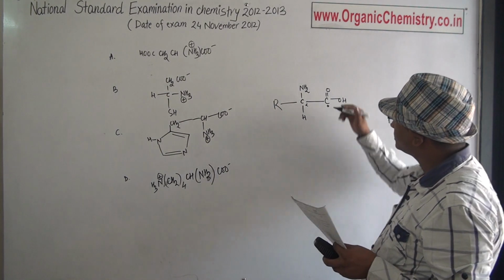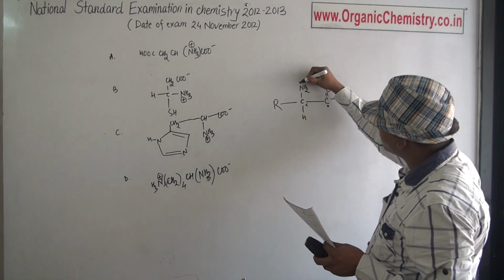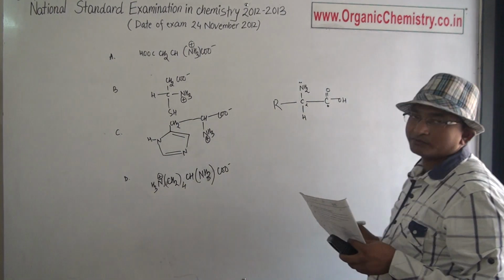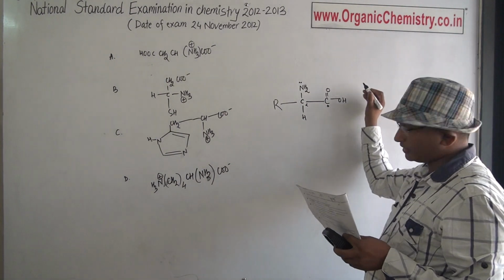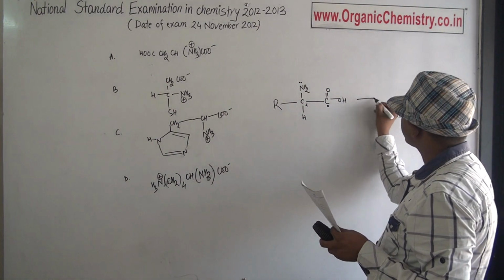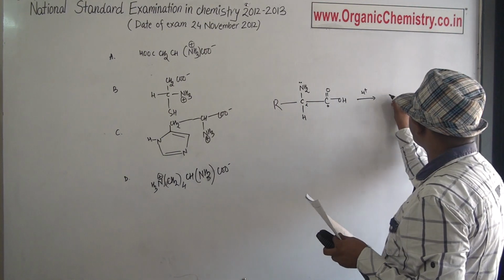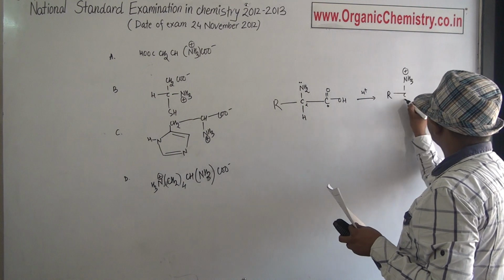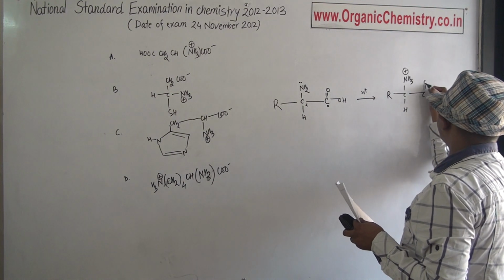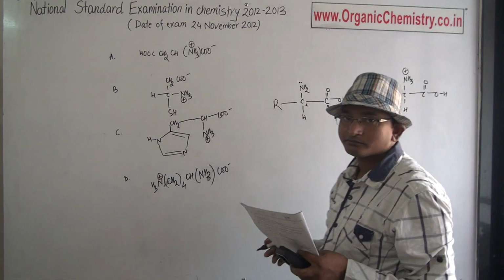It may be possible that a base abstracts this proton, or the amino group abstracts a proton from any acid present in the reaction container, and forms this type of compound, NH3+ and COOH.